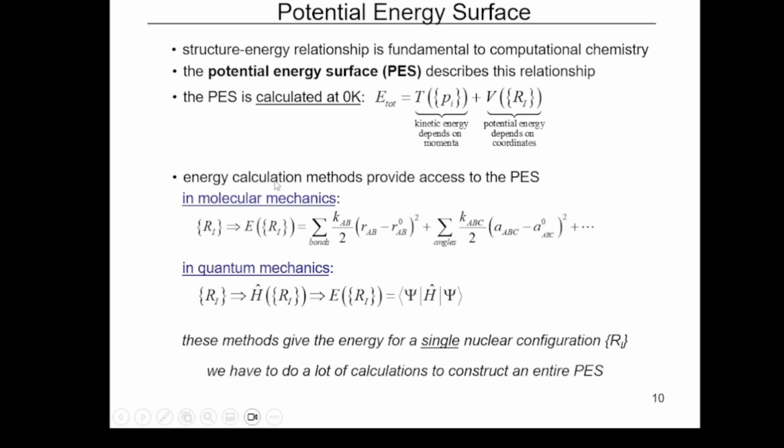Now, the energy calculation method provides access to potential energy surface. And in molecular mechanics, the energy of the system depends on bond stretching term, angle bending term, plus some torsional terms.